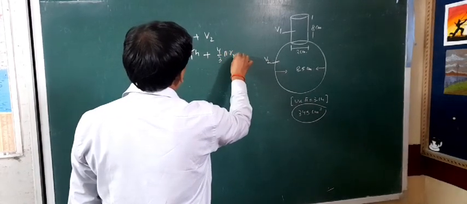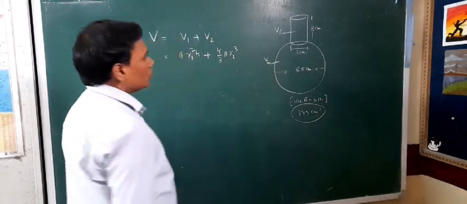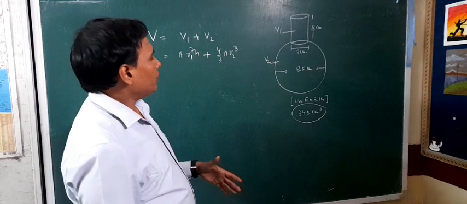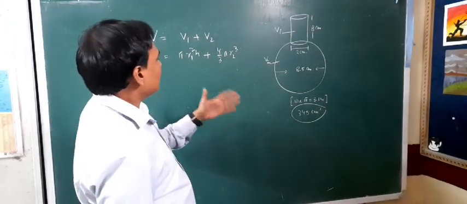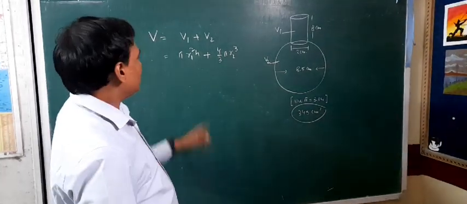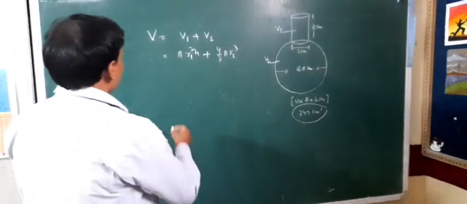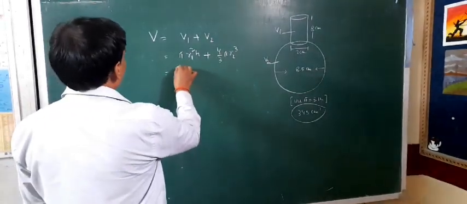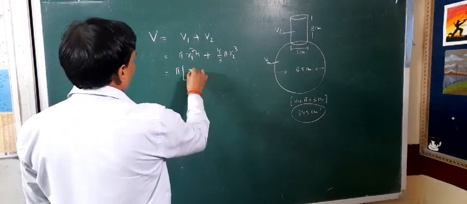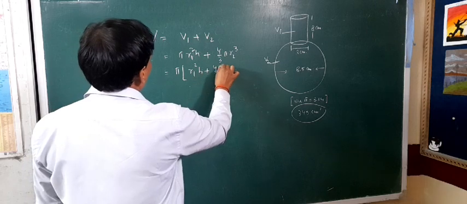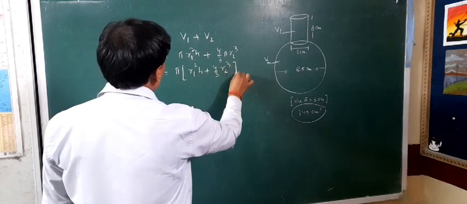so I will write r2 cube, because although they are combined figures, both figures have different radii. That's why I'm writing r1 and r2. Now you can check that pi is common in both. The rest of the part is r1 square h plus 4/3 r2 cube.